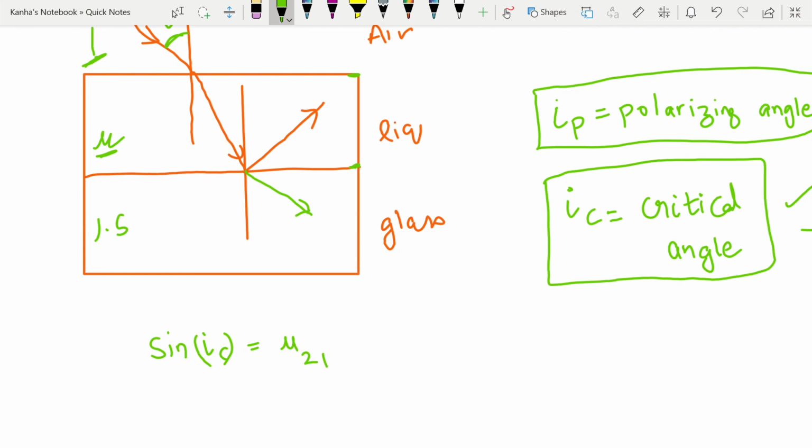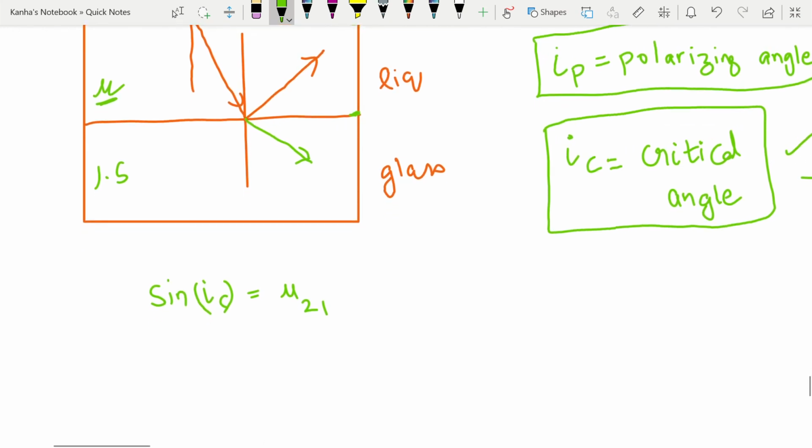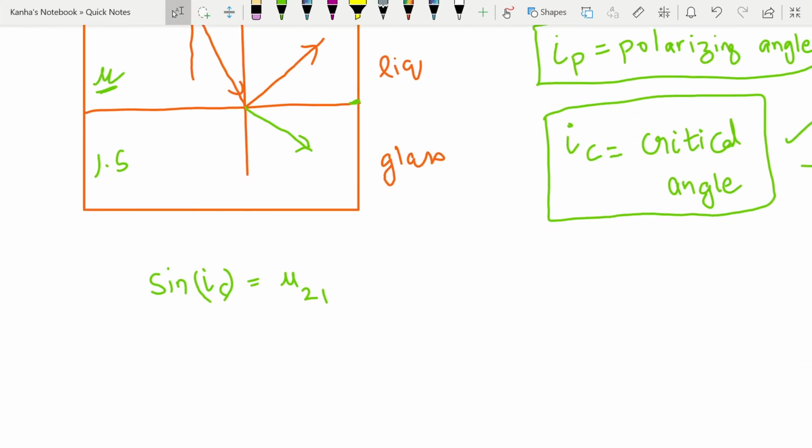Now I know that my critical angle is less than my Brewster's angle or my polarizing angle IB. Thus I can write that sine of IC is less than sine of IB or IP. You can write the Brewster's angle as this.